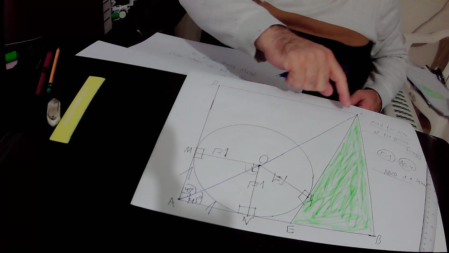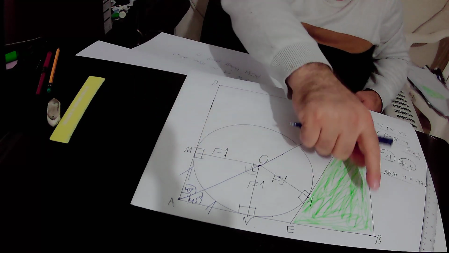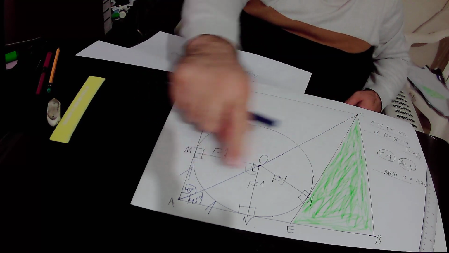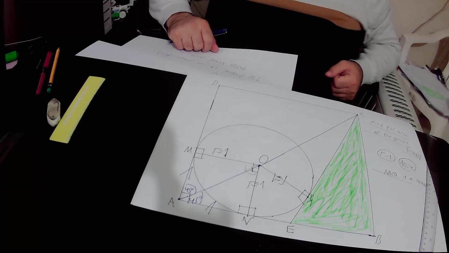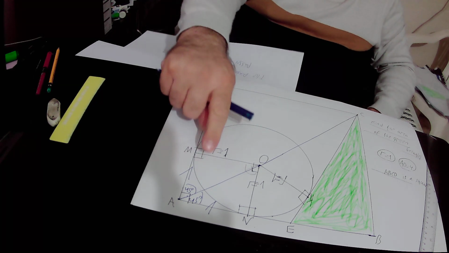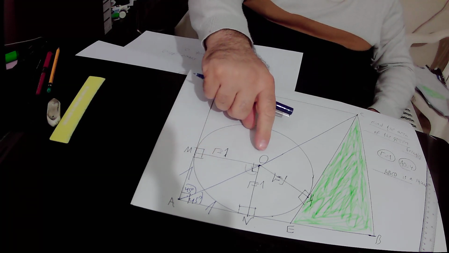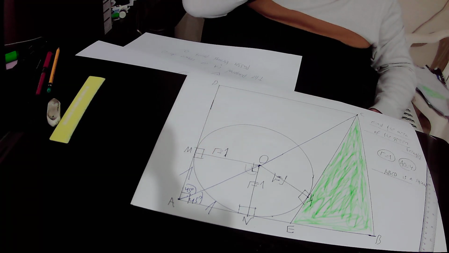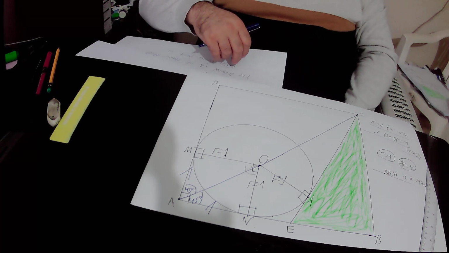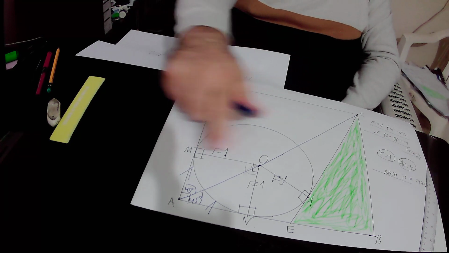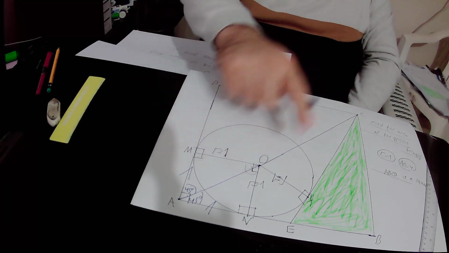Why? Because angle CAB equals angle OAB. Otherwise, if diagonal CA doesn't pass through point O, then it is impossible that angle CAB will be equal to angle OAB.